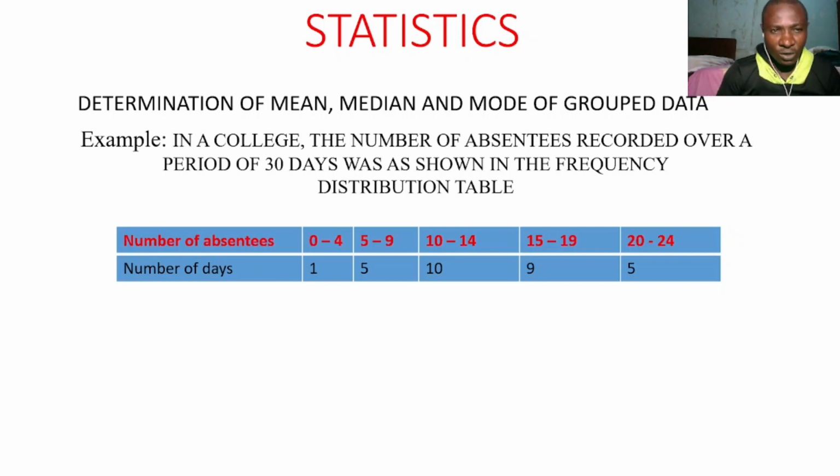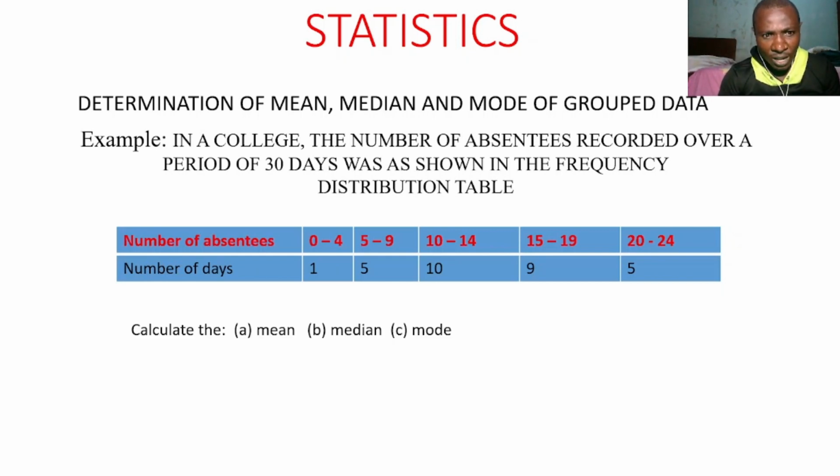The frequencies, or the number of days, are 1, 5, 10, 9, and 15. In this question, we were asked to calculate the mean, the median, and the mode. That is essentially what this video is all about: how we will be able to determine the mean, median, and mode of a group frequency distribution. Let's see how this will be solved.